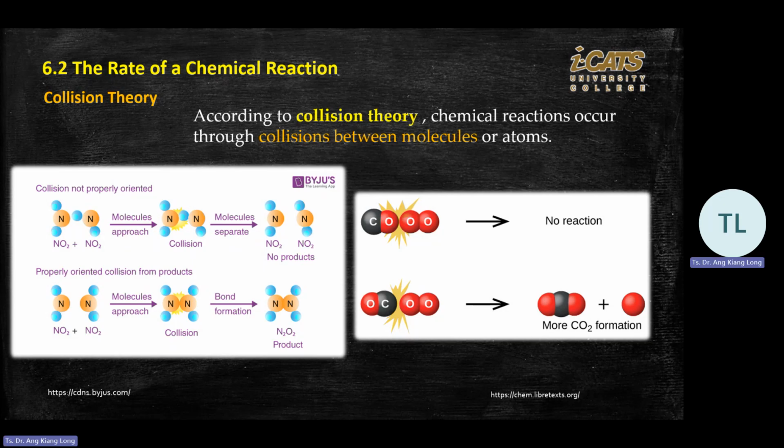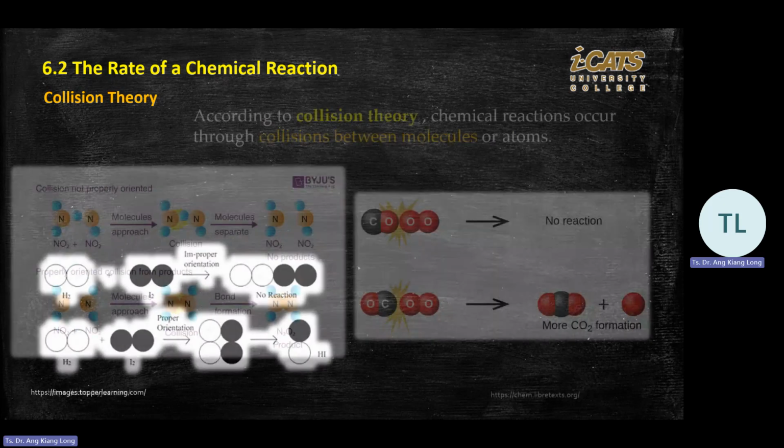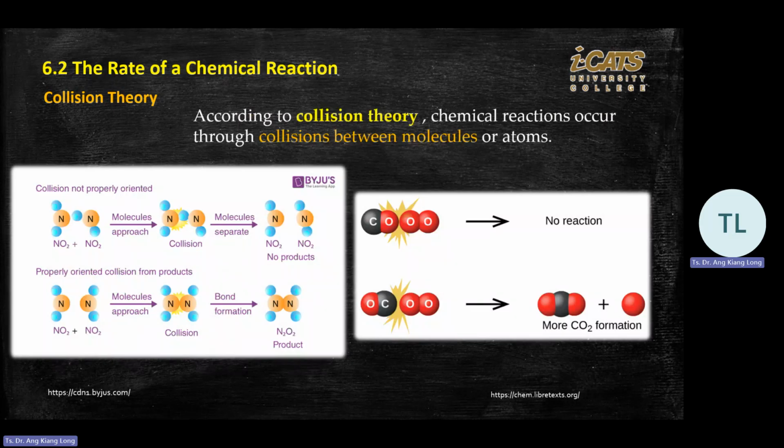Like the one on the right here, if you see CO and O2, they collide, but if no product comes out, it means no reaction. The one below here, CO and O2, when they collide, and there's a CO2 formation, means reaction happens.